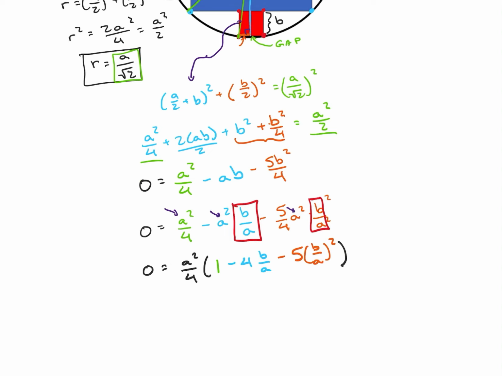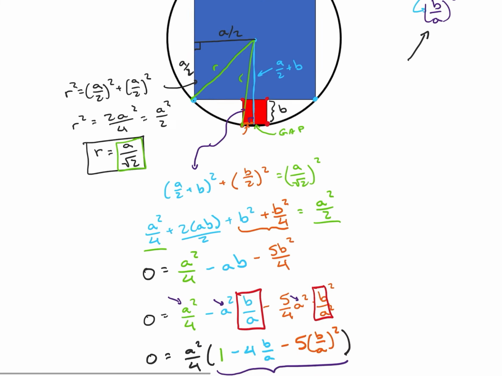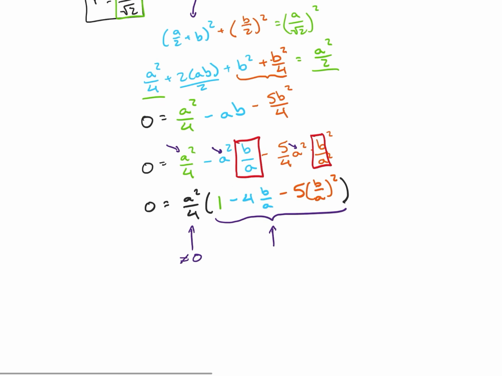Okay, so what do we know? From this equation, I know one of two things must be true: either this factor is equal to 0, or this factor is equal to 0. And I know that this one does not equal 0 because a is the length of the side of my blue square, which, given the problem constraints, is not 0.